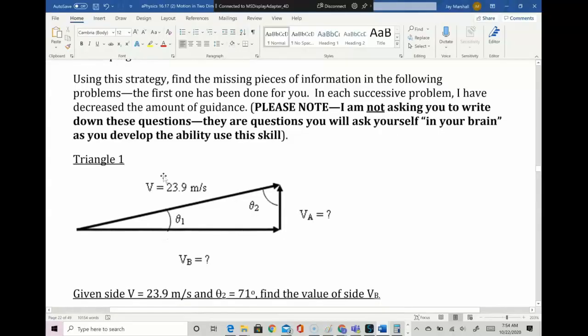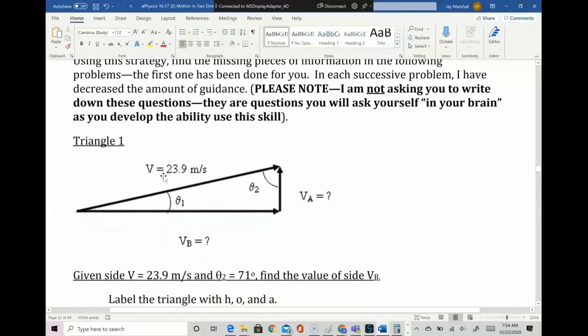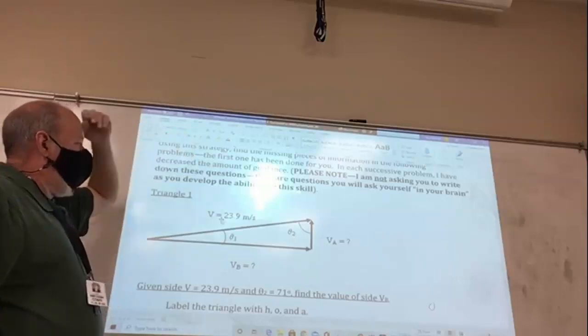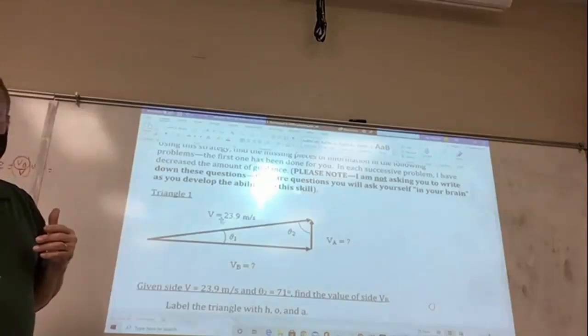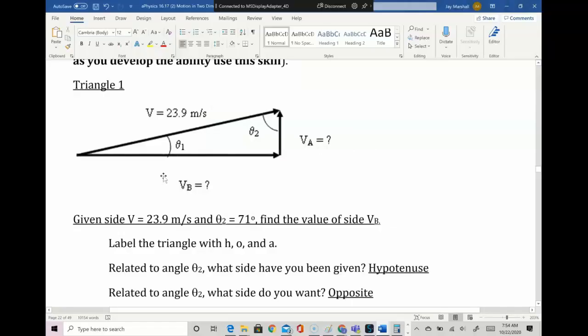So let's walk through this strategy. Okay? And by the way, I'm not asking you to write down these questions. These are questions that you'll ask in your brain as you develop the ability to use this skill. But in each successive problem, I've decreased the amount of guidance that I've given you here. So this first one, I've gone through this process the whole way.